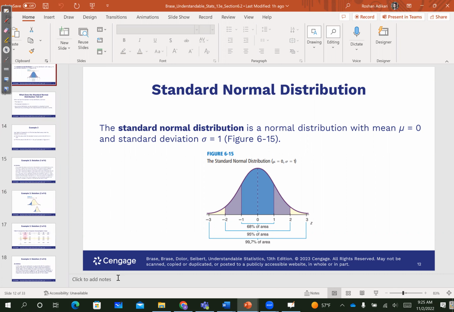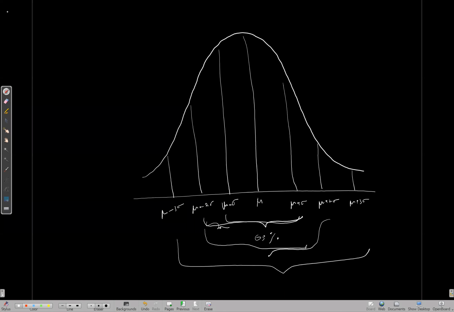See this particular slide that you are watching now: 68% of the area is between -1 and 1, 95% between -2 and 2. That means, see, this is the normal distribution. So this is 68%, I'm sorry.